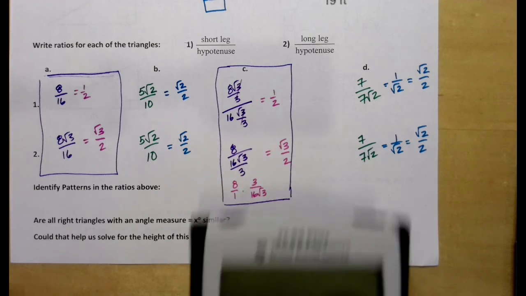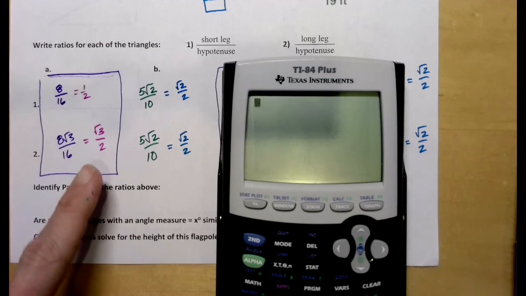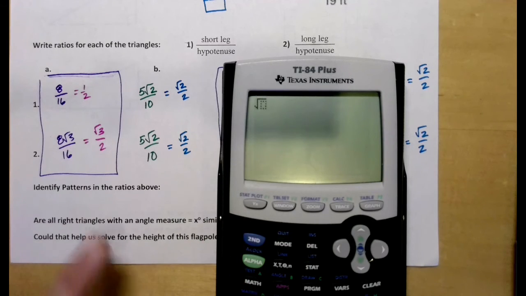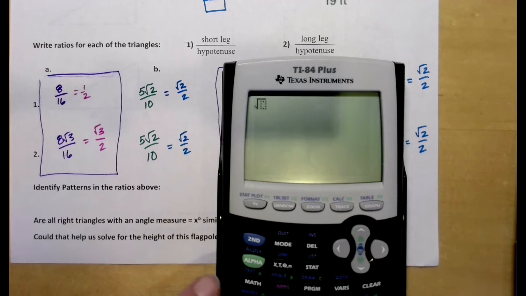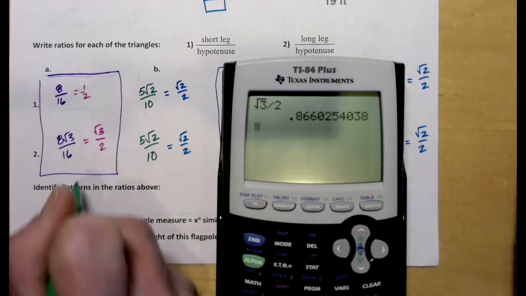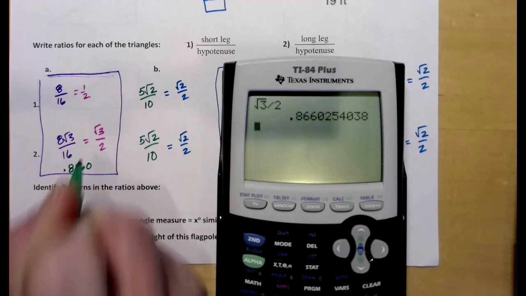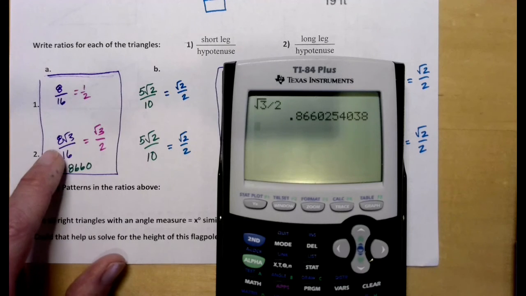So when we identify patterns, we can take these relationships and use our calculator to come up with decimal values. So this decimal value is the unit ratio of this triangle.